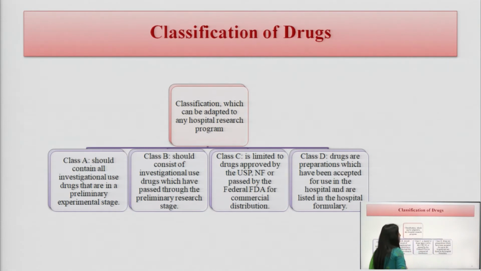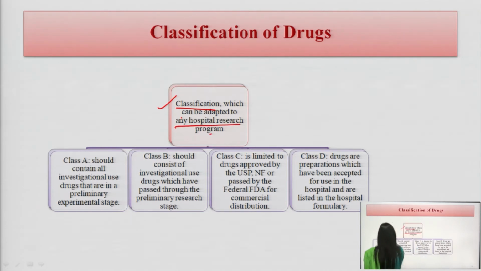Another is the classification of drugs. This is also a topic within the investigational use of drugs: how drugs are classified. There are basically two types of classification discussed in this. Point number 1, a classification which can be adapted to any hospital research program.